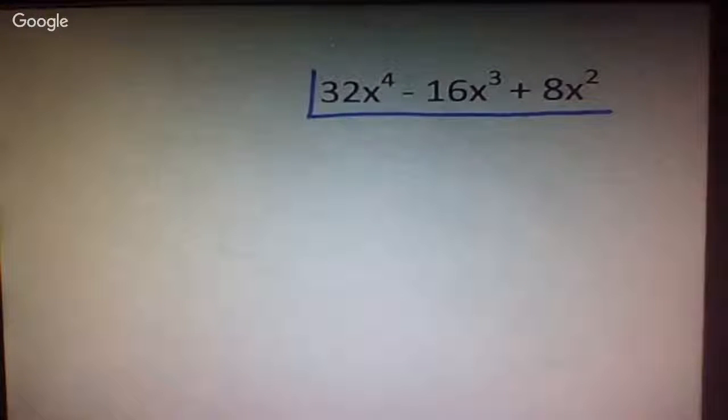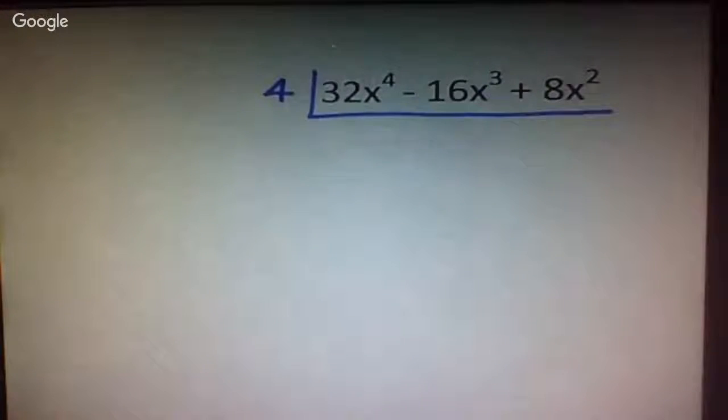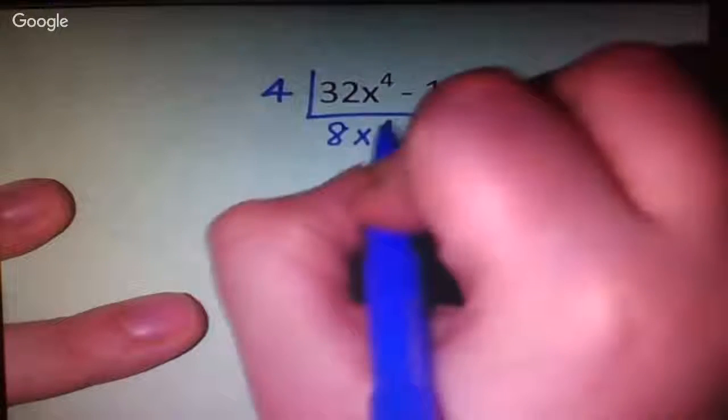Jackie said I can jump straight to 8. If your brain took you to 4 like Harley, it's not wrong. Watch what happens when I do this with 4. If I put 4 out front, what's 32 divided by 4? x to the 4th.